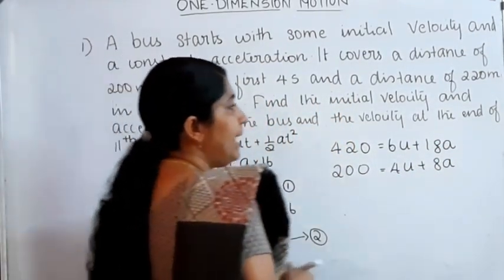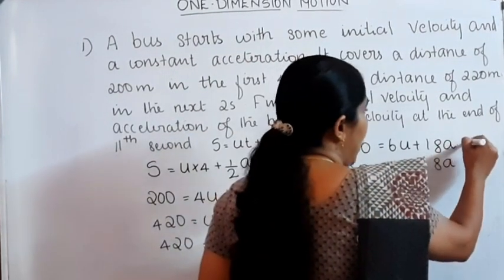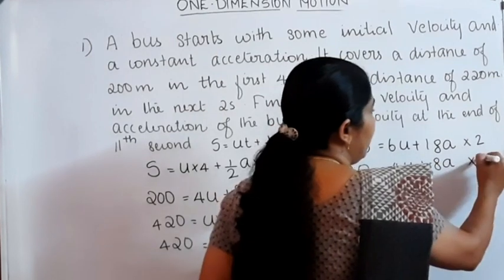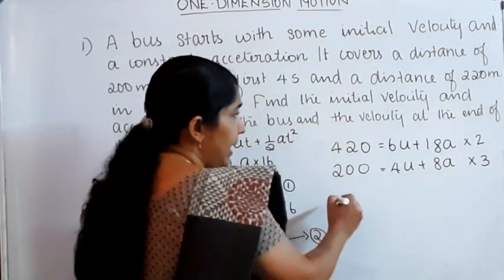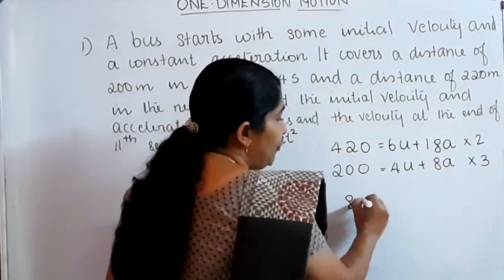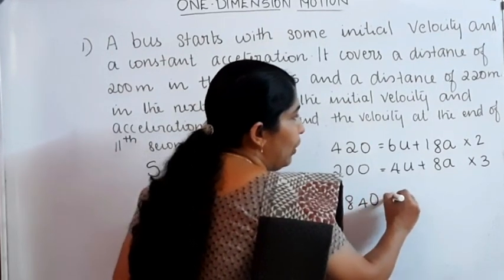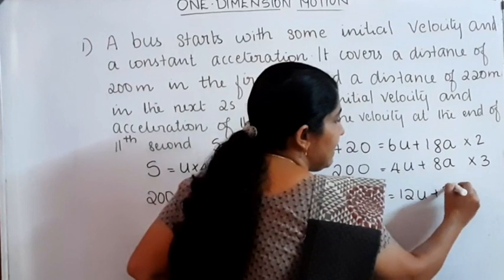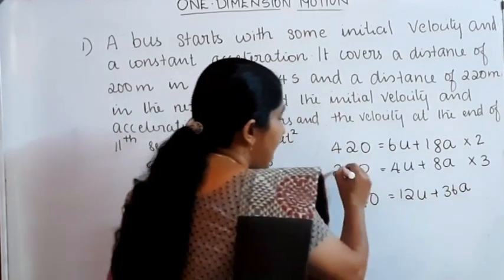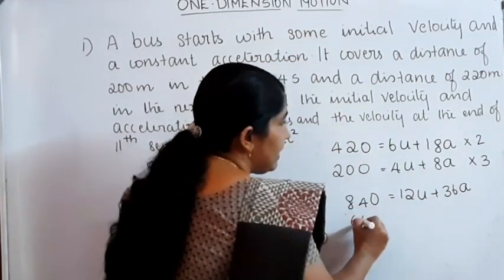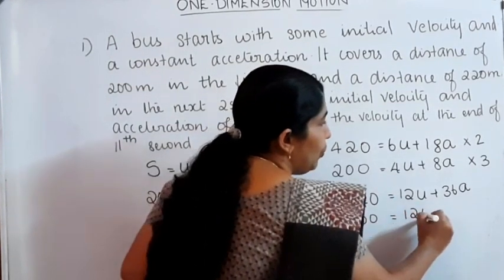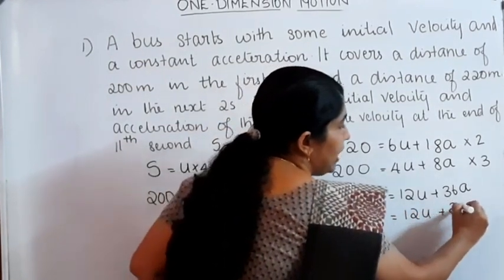Then on multiplying equation number 1 with 2 and equation number 2 with 3, we get 840 equal to 12u plus 36a, and 600 equal to 12u plus 24a.